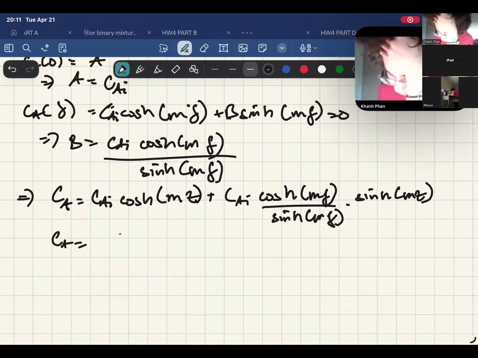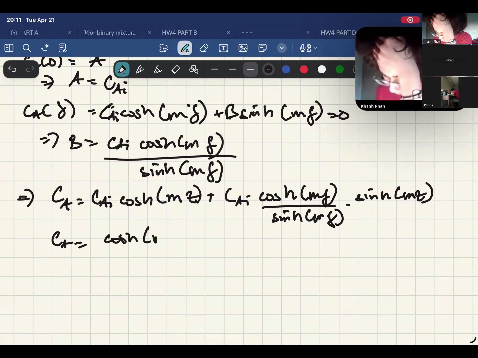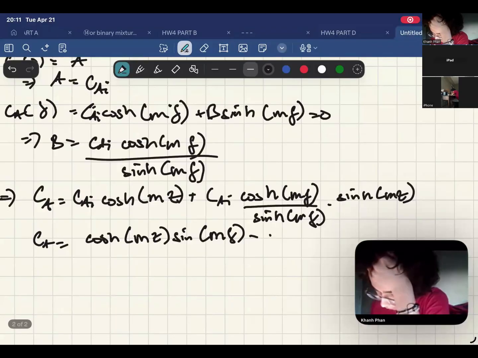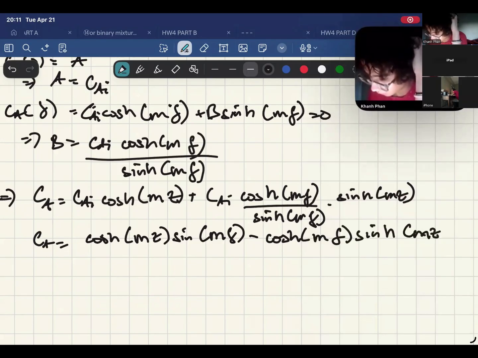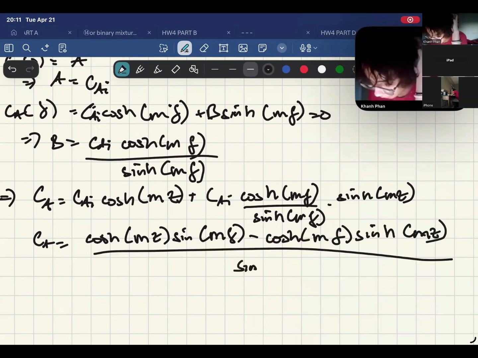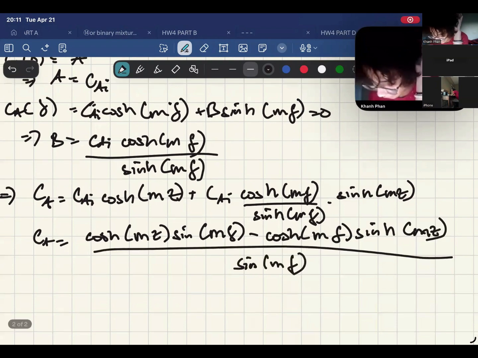CA would be equal to hyperbolic cosine of mz times hyperbolic sine of m theta minus hyperbolic cosine of m theta times hyperbolic sine of mz, over hyperbolic sine of m theta.